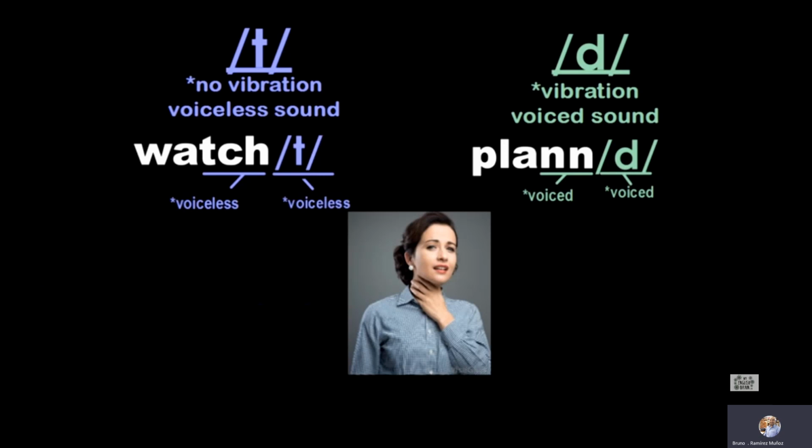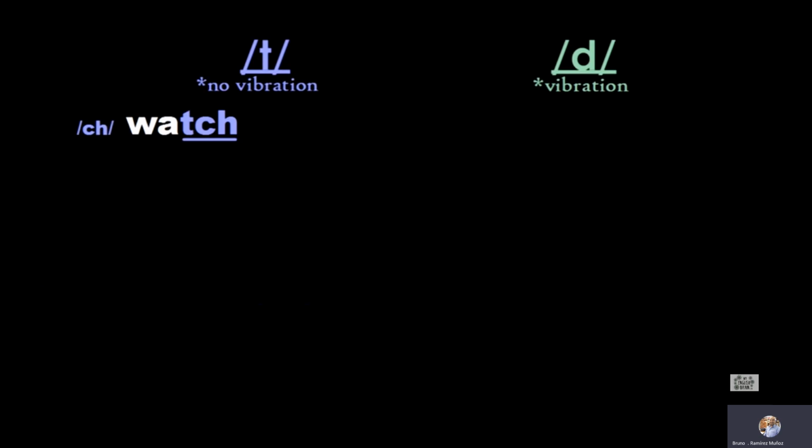So it's important when we think about the past tense to look at the last sound. For example, watch and plan. Now, let's concentrate on the other sounds we use with t for the past tense. We saw ch for watch, and in the past, we say watched. Now, repeat the sounds and the words for the other no vibrations.